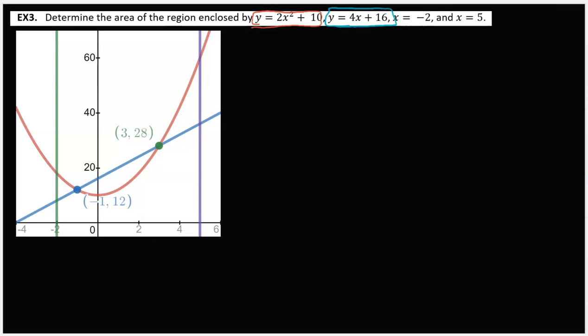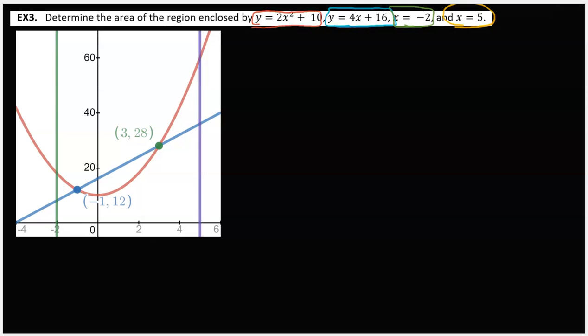The green is x equals -2, and I don't have purple, so I'm going to say orange for the last one, which is x equal to 5. Let's take a look at these regions.